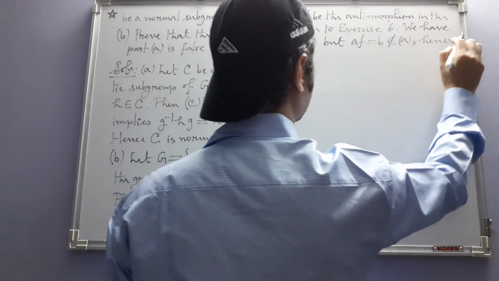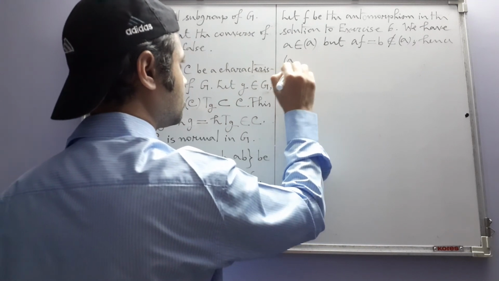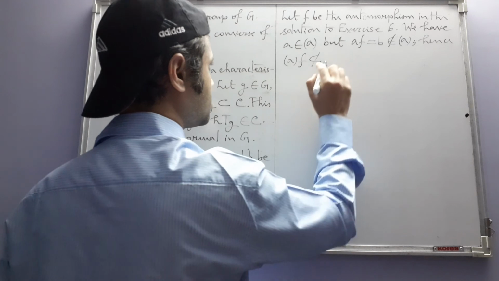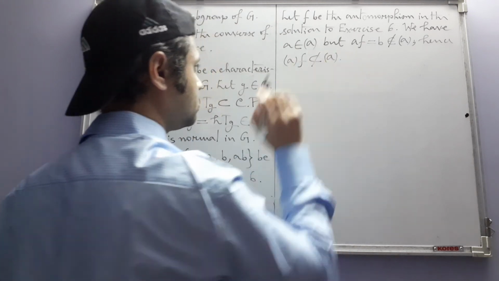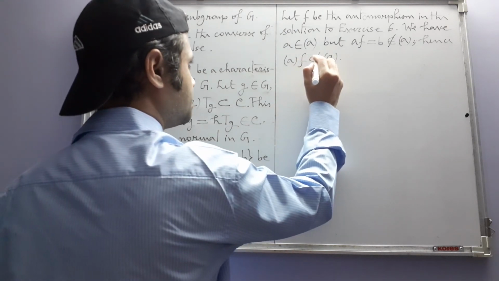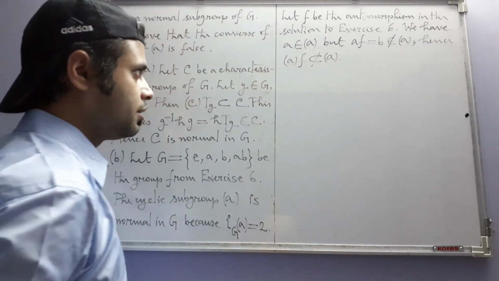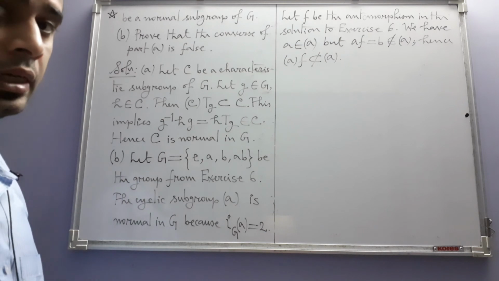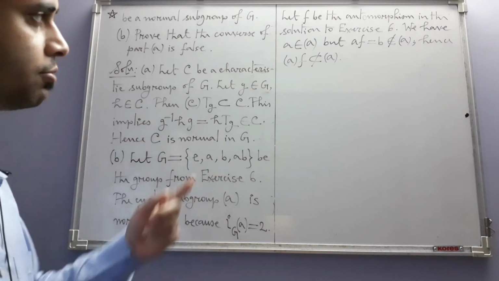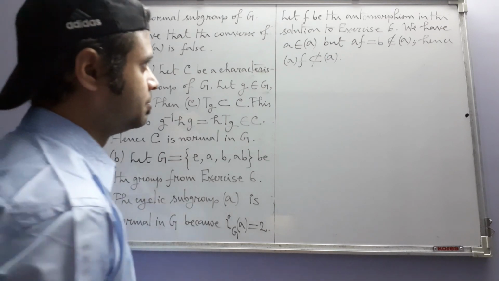Hence, this is not a subset of this. So the condition that A gets mapped into itself by every automorphism fails here for this particular automorphism.